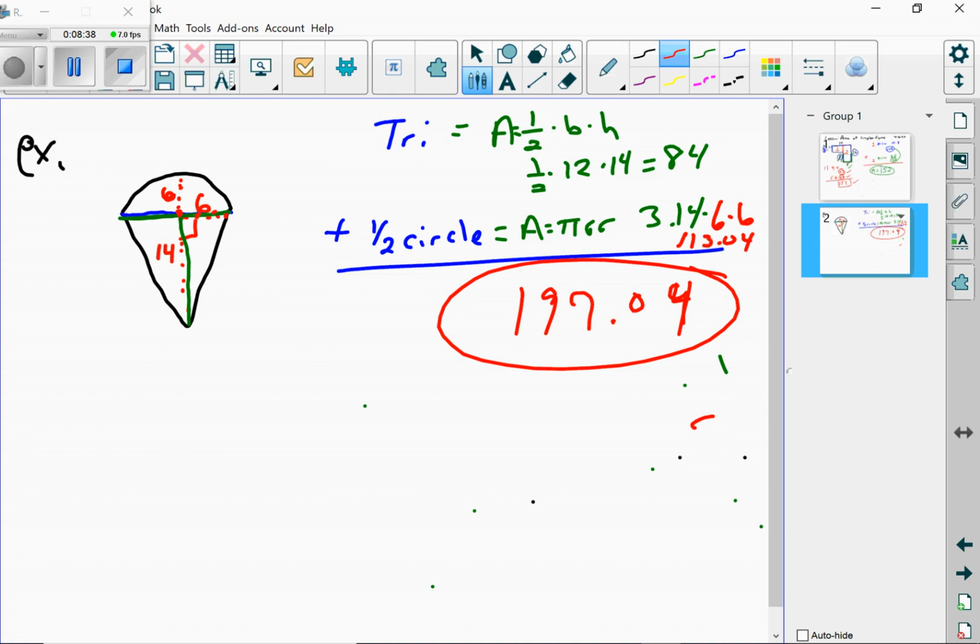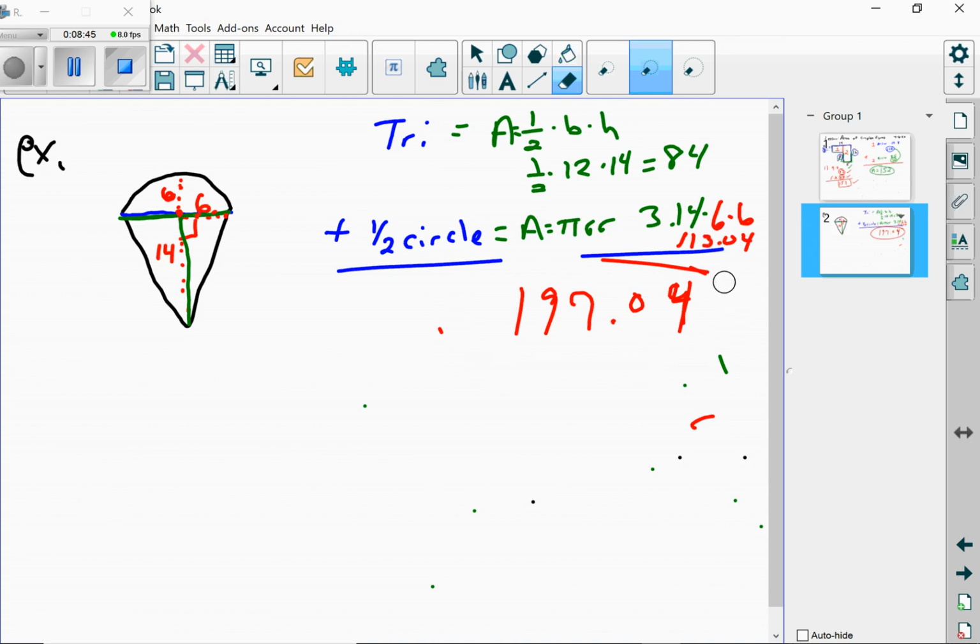Sorry, I made a mistake. You guys are probably sitting there thinking, yep, he did not do that right. I hope you're thinking to yourself, you know, Coach Moore, you didn't do half the circle, and you're exactly right. I did the whole circle. These dots are where I'm laying my hand on the screen. It's just easier for me to draw this.